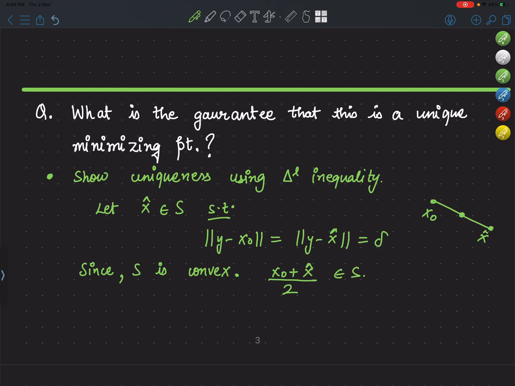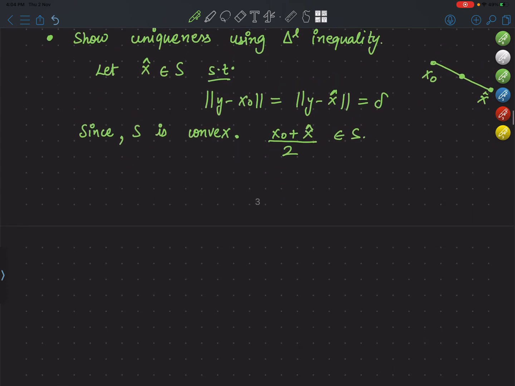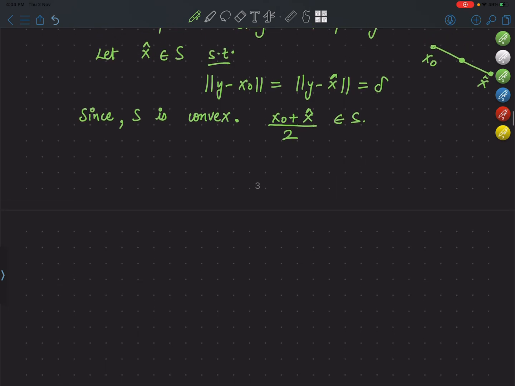Now we'll look at the distance of this point from the point y.